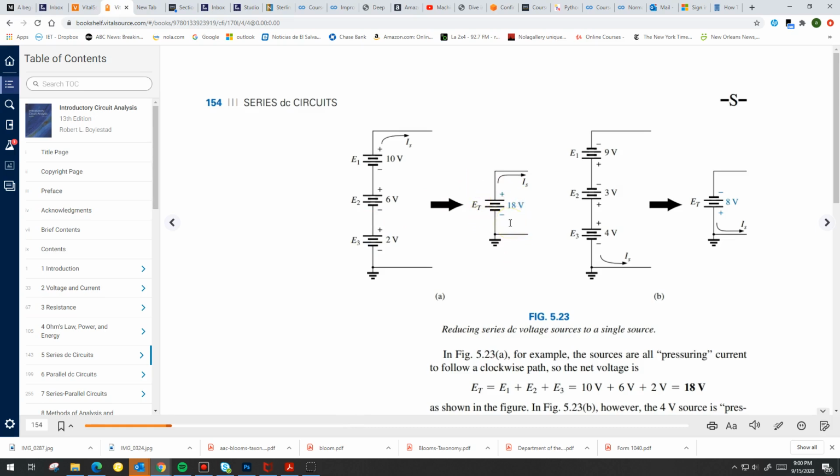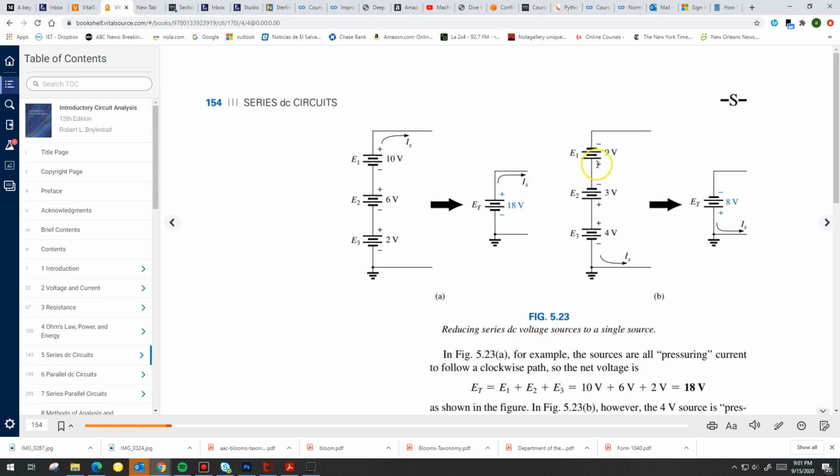Very important. If you notice in this other example, the polarities have changed in the way they're connected. So if I go from bottom to top, just like I did in the previous example, and this also works from top to bottom, by the way, I have a gain of 4 here. And then I have a drop of 3, because I go from positive to negative, I drop 3 volts.